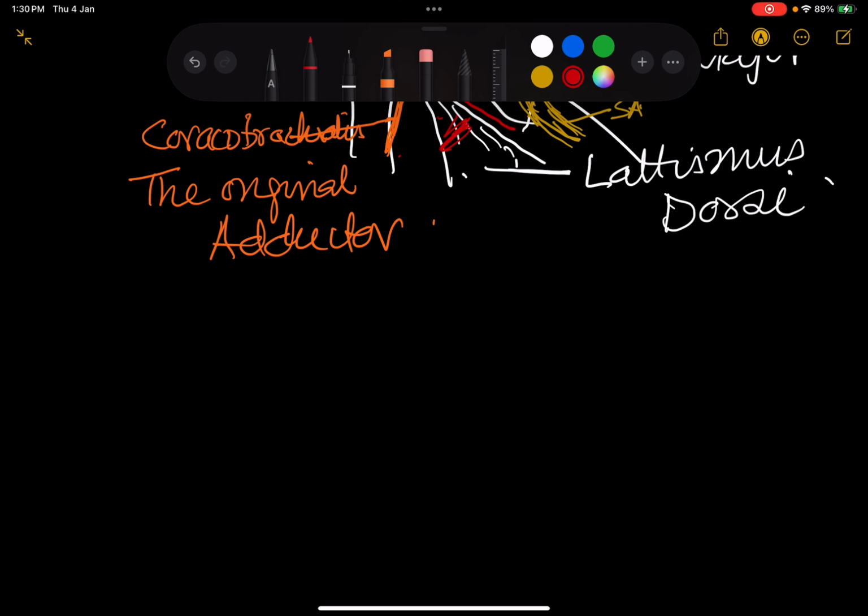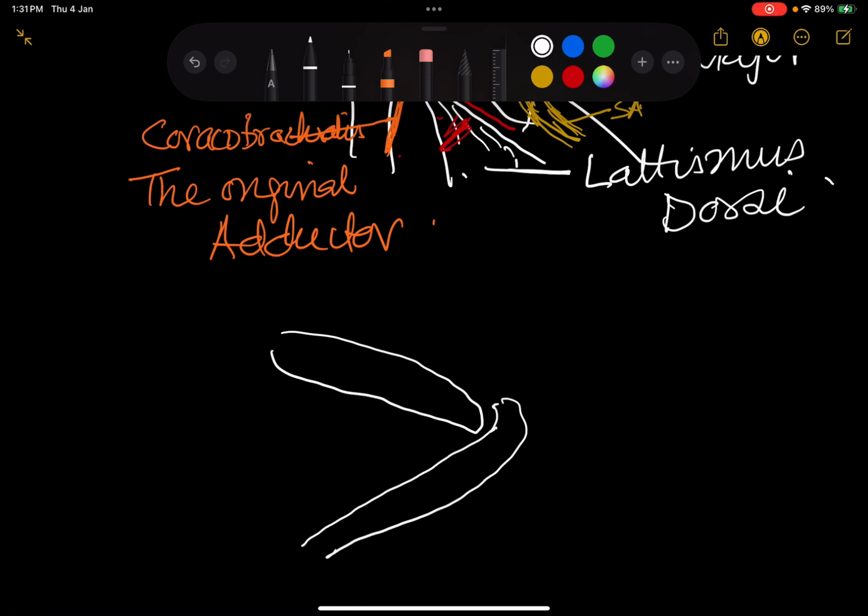Finally, if this is the clavicle and this is the acromion and the spine of scapula, and the glenoid cavity somewhere here, there will be the head of the humerus, the lesser tuberosity, the bicipital groove, the greater tuberosity, and all this is going down.